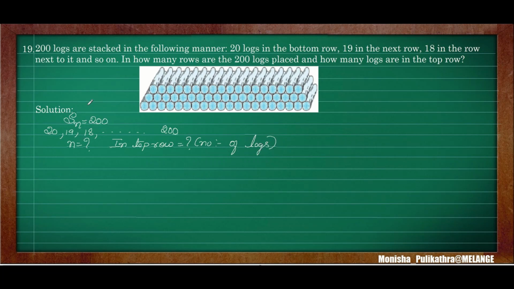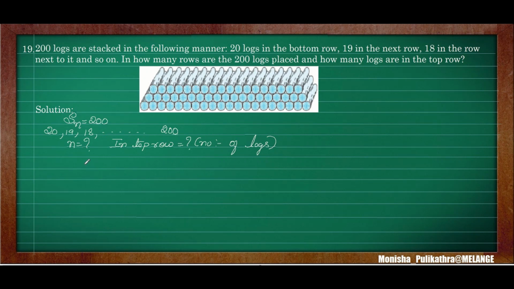The total number of logs is 200 and the sequence is 20, 19, 18. We need to find out how many rows are there so that they can stack all the 200 logs. Next, how many logs are placed in the top row.